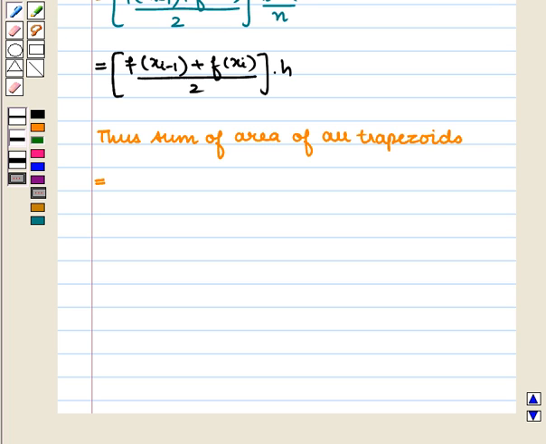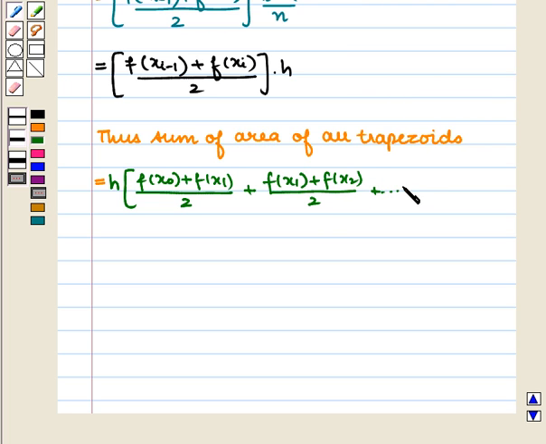Thus the sum of the areas of all trapezoids is equal to h into f of x0 plus f of x1 upon 2 plus f of x1 plus f of x2 upon 2 plus so on plus f of xn minus 1 plus f of xn whole upon 2.